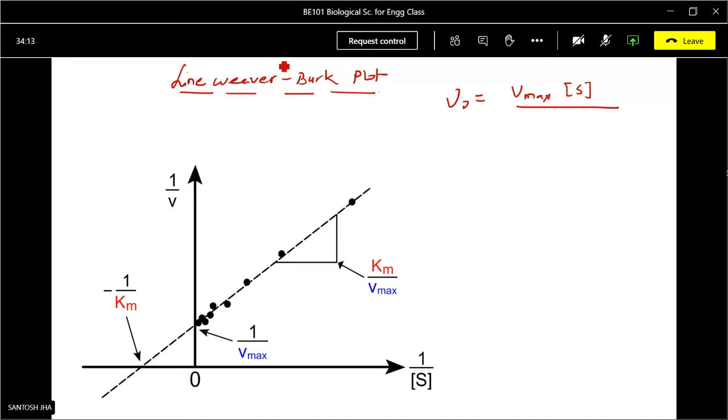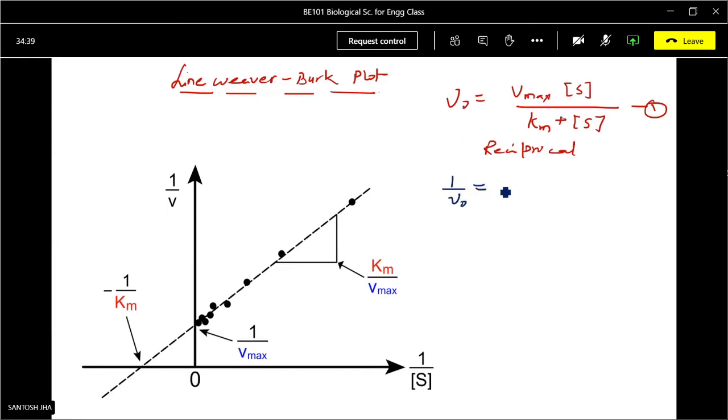Okay, so if we write the Michaelis-Menten equation and take the reciprocal of this equation, then we have an expression like this. The reciprocal of V naught is 1 by V naught.